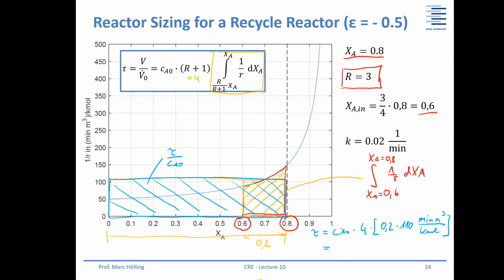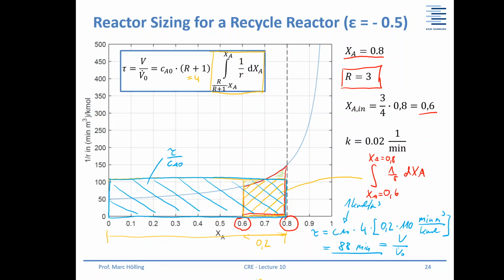Your CA0 was 1 kilomole per cubic meter, as we always had in the example. So 1 times 4 is 4, 4 times 0.2 is 0.8, and times 110, you should end up with 88 minutes as a residence time, and this is your volume over your initial volume flow.